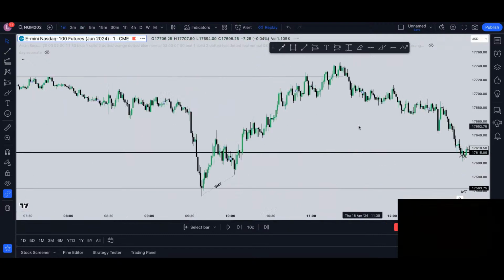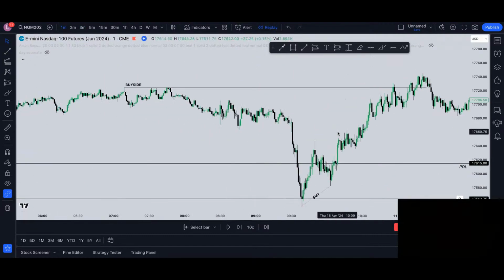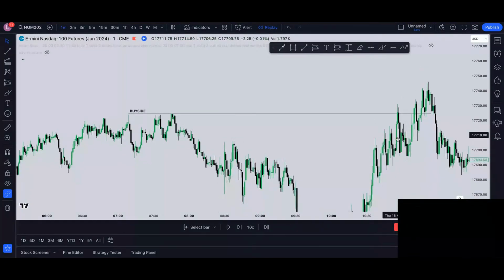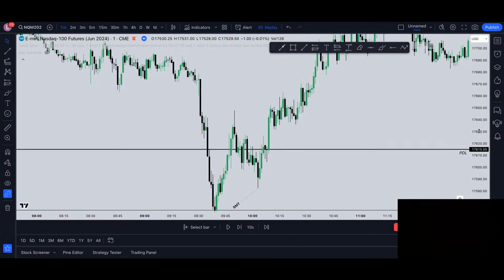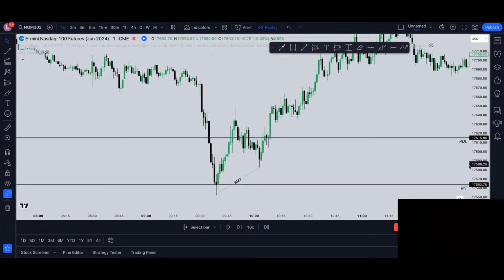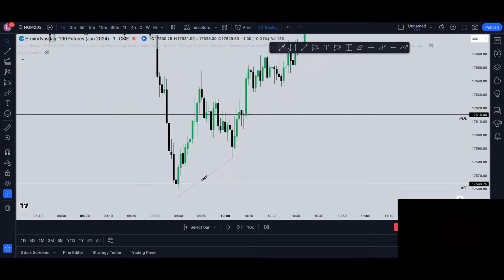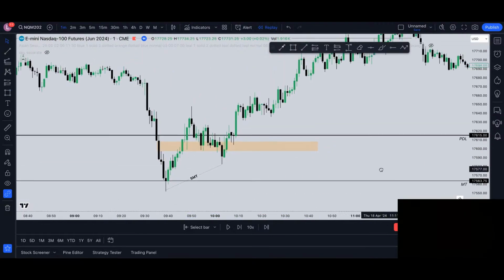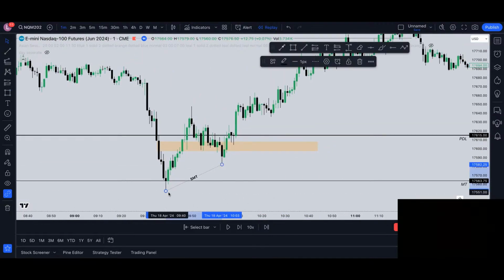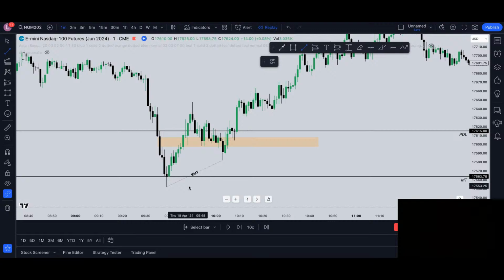Let's go on 1 minute. So this fair value gap, you can see. Name mark macros.